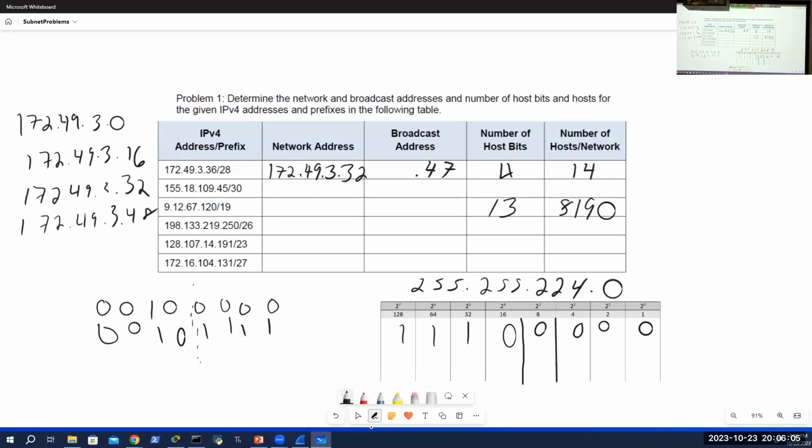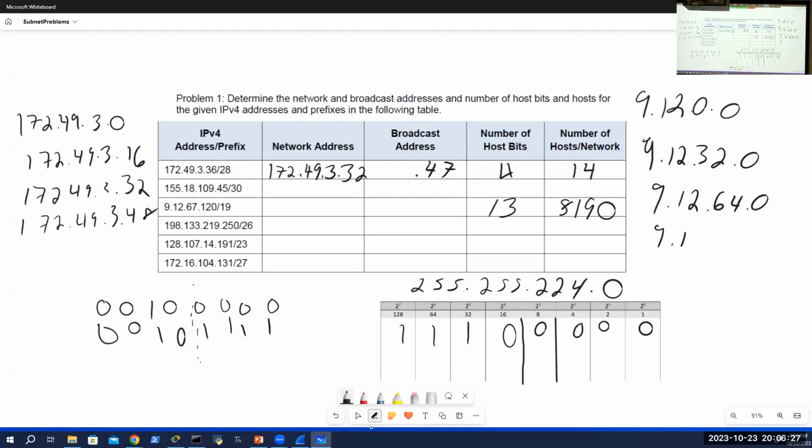So the first subnet was 9.12.0.0. The next one was 9.12.32.0. Next is 9.12.64.0.